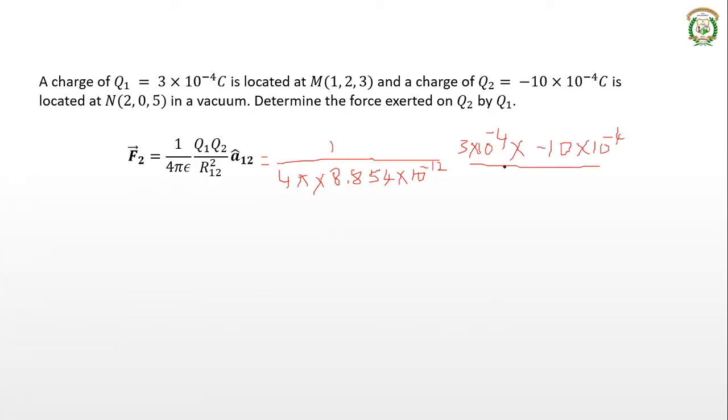R12 square is 3 square, that is 9, multiplied by the unit vector. Unit vector, you have got it as AX minus 2AY plus 2AZ, right? Divided by 3. So use your calculator and tell me the answer.